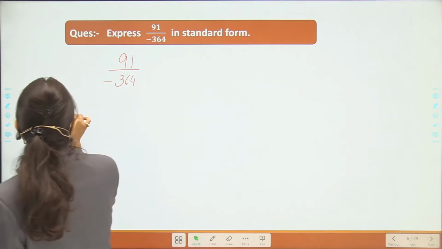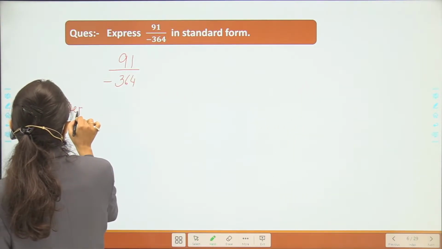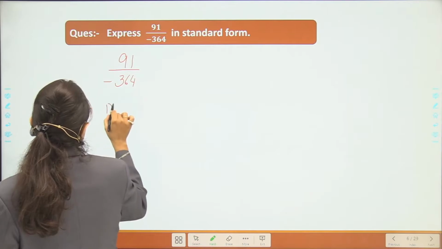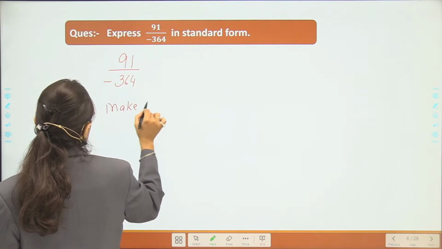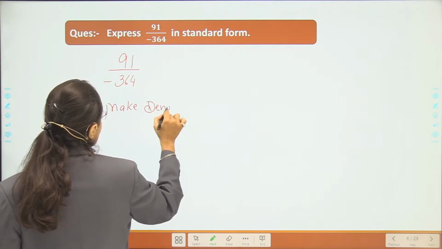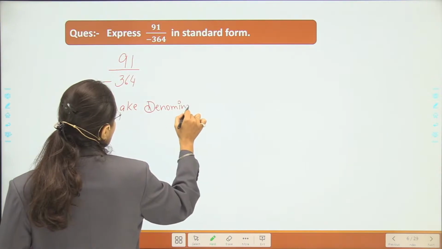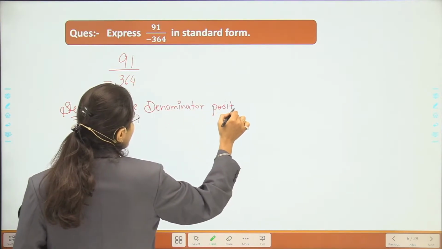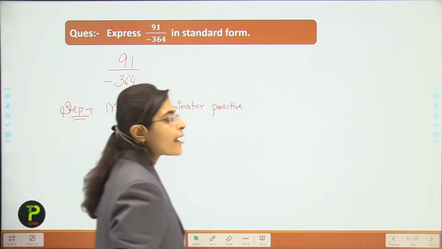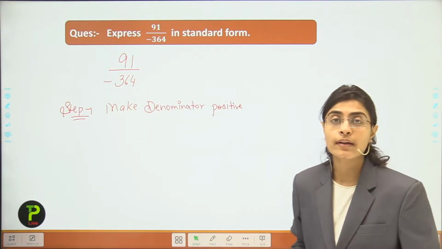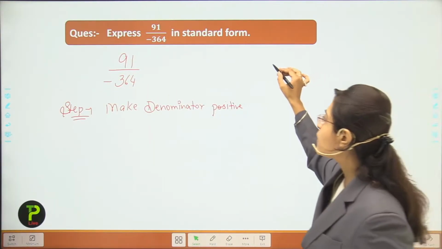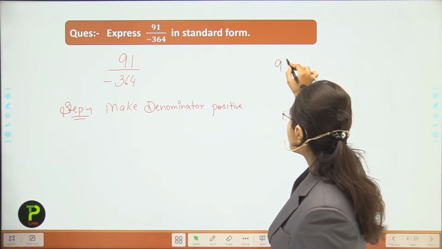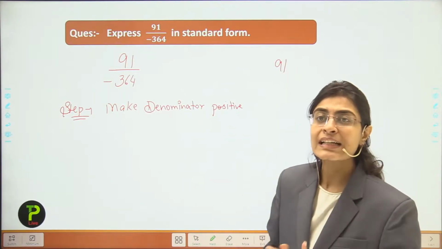So the step over here is make denominator positive. Right. So how will we do it? There is a trick for that. Let us understand the concept first and then we follow the trick.